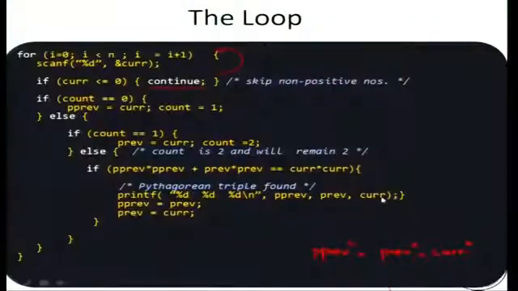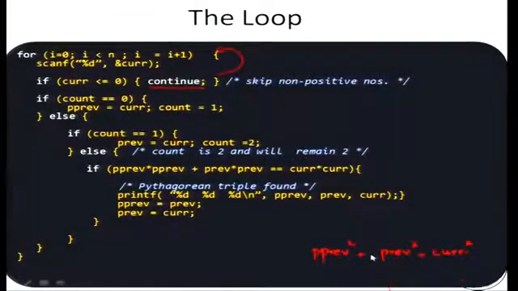Okay. So you will just printf that I have found the Pythagorean triple, which is formed by previous to previous, previous, and current. Okay. Now what I will do if the Pythagorean triple is found is that I will advance previous to previous by 1.